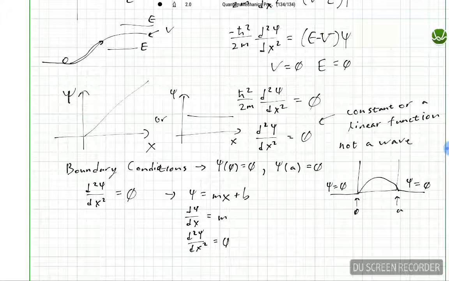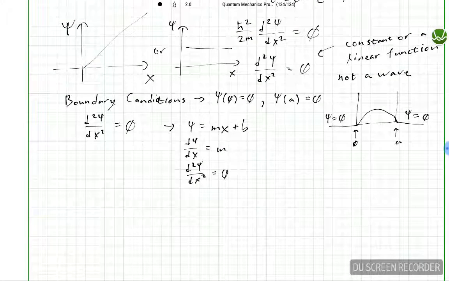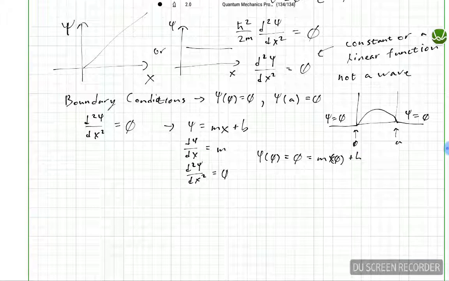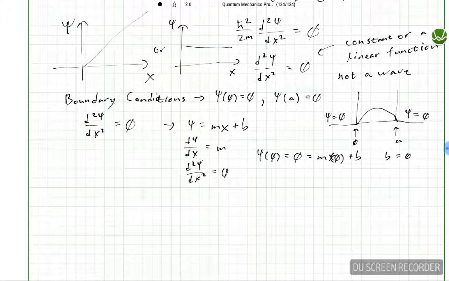In order to satisfy our boundary conditions, we have to have psi of 0 equals 0, making m times 0 plus b equals 0. So that means our intercept is 0.